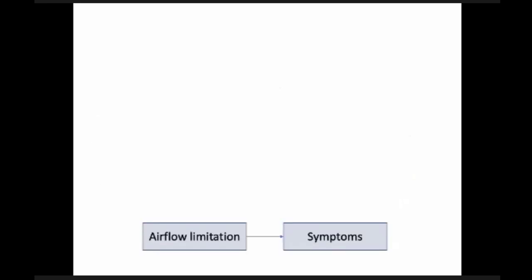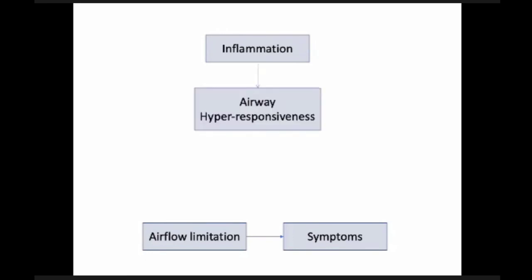So let's briefly look at the pathogenesis of asthma. I'm not going into details because you have learned this in your pathology. One of the things that causes symptoms in asthma is this airflow limitation. What causes airflow limitation is, as we mentioned, there's inflammation in the airways. Because of this inflammation, there is airway hyperresponsiveness or airway hyperreactivity, and it responds to a variety of stimuli in the environment, what we call triggers.